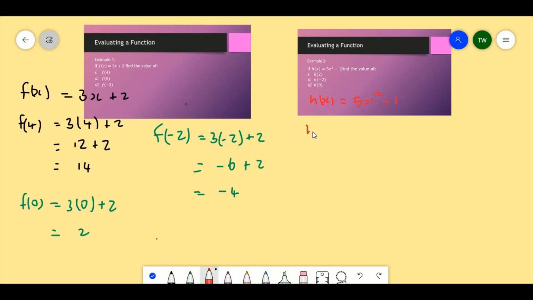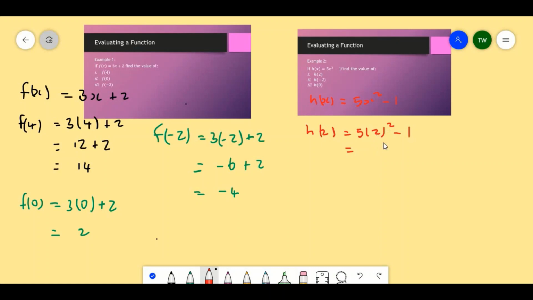So h of 2 is going to equal this function here, but you're going to write 5. Instead of putting back x, you replace it with 2. So you open a bracket, you put 2, you put the square, minus 1, and then you simplify this and you are finished. Remember the order of operations.